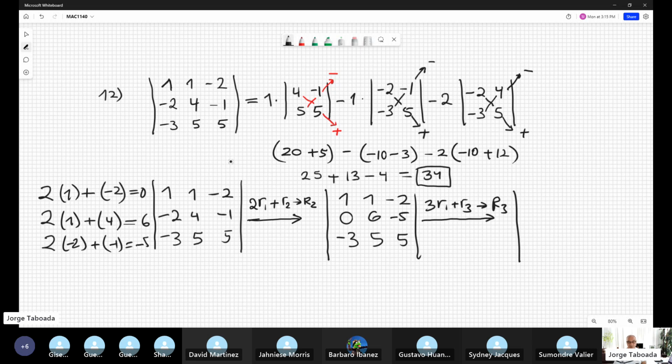I copy row 1 exactly the same. I don't touch it anymore. 0, 6, and -5. Actually, I'm using row 1, but I never change it. Only change row 3. When you multiply 3 times 1, it's positive 3. Minus 3 is 0. This is minus 1. Now, this is 8 and negative 1. Let me check it.